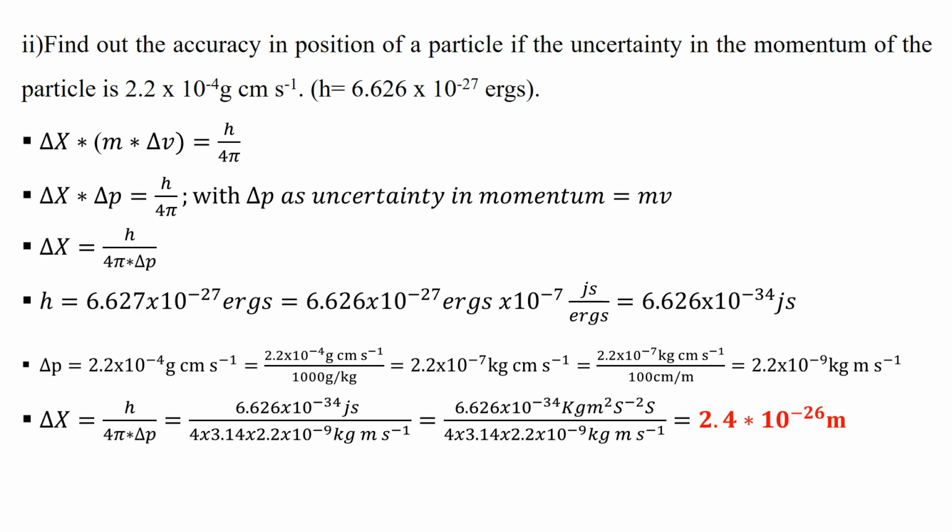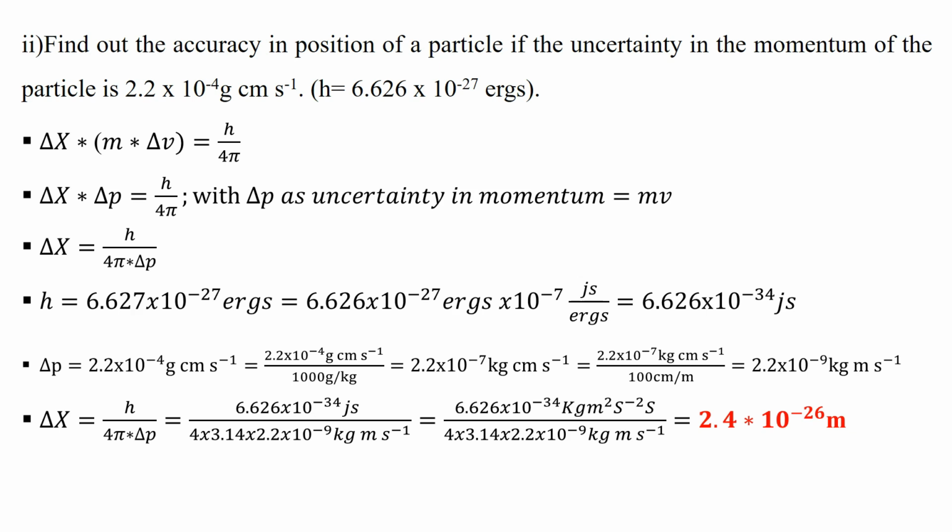The momentum was given in gram centimeter second minus 1, so we also need to change it to kilogram meter second minus 1. If we are changing gram to kilogram, we divide by 1,000. If we are changing centimeter to meter, we divide by 100. That's what we did.